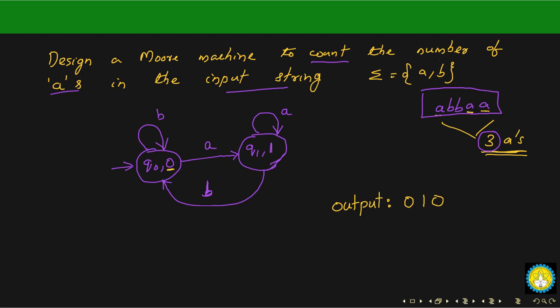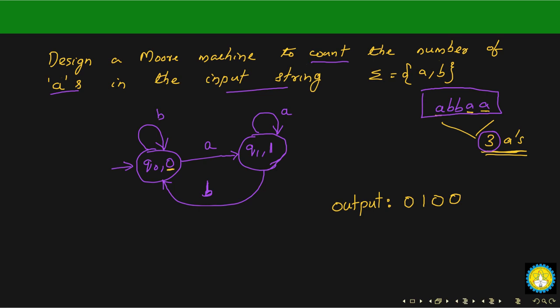Now we have finished A, B, and then again we are meeting with a B. So we are at Q0 now. When you see a B again, your output will be again 0. Our output will again have a 0 there.